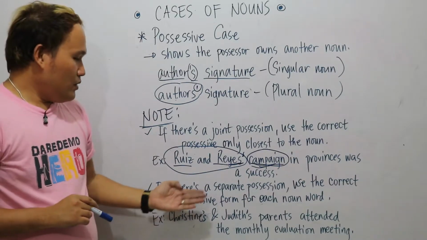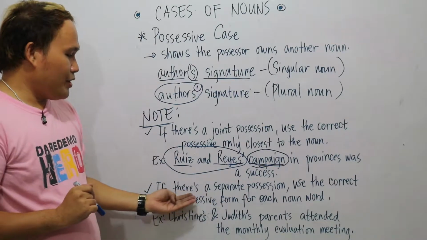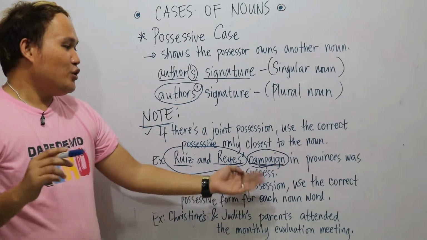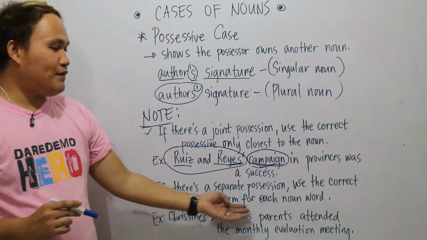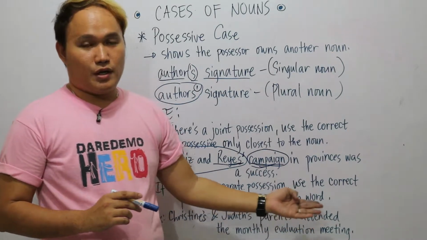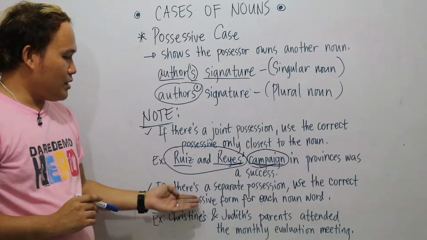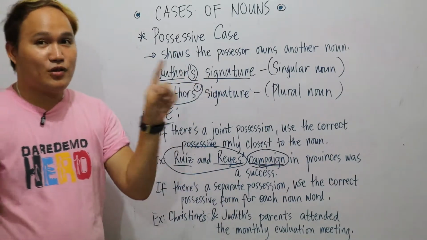Another important reminder: if there is a separate possession, use the possessive form for each noun. This time we're talking about separate possession, no longer joint.